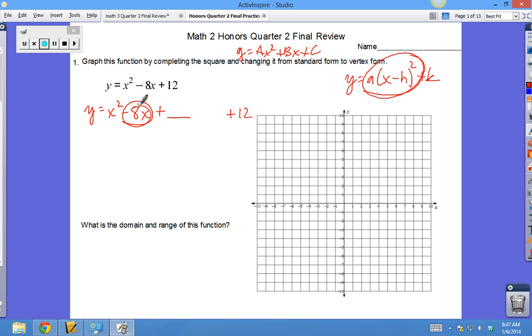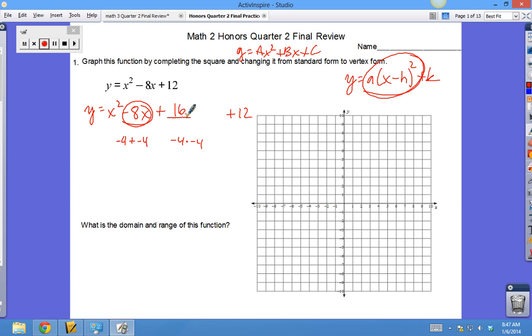So remember, you get the middle by addition, and you get the last by multiplication. So you look at b and you cut it in half. Negative 8, if I cut that in half, that comes from a negative 4 plus a negative 4, but a negative 4 times a negative 4. The number I want right here is a 16.